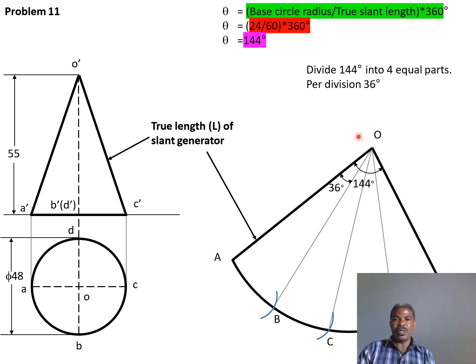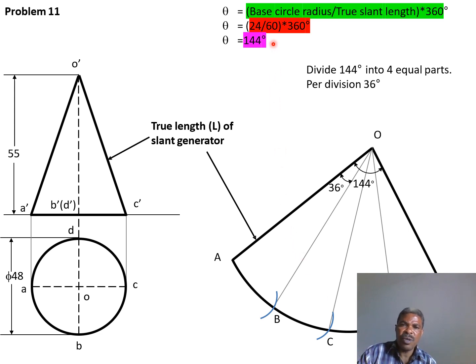You need to use the formula, which is radius of our cone over the true slant edge times 360 degrees. So from this formula, you can obtain the angle which will help you to identify the total arc length for your development of a cone.